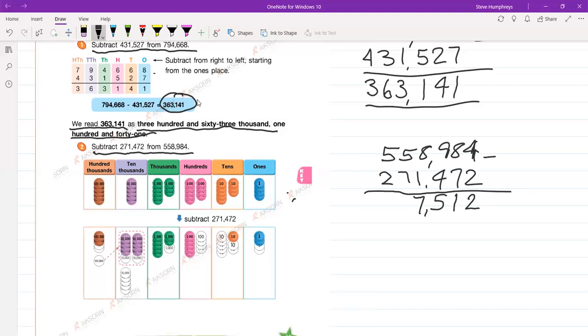5 minus 7 you can't do. You need to borrow. Make that 4. Borrow from this column. Make that 15. Okay. 15 minus 7 is 8. 4 minus 2 is 2. My answer, 287,512.